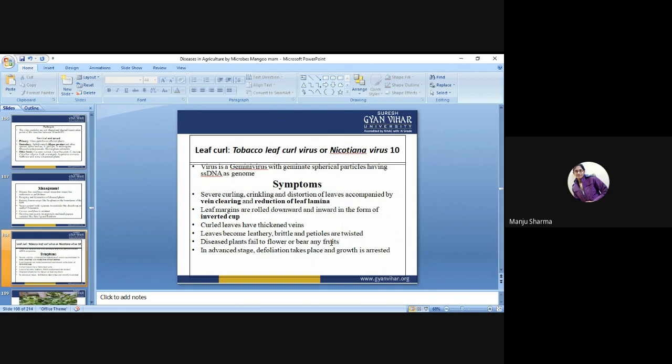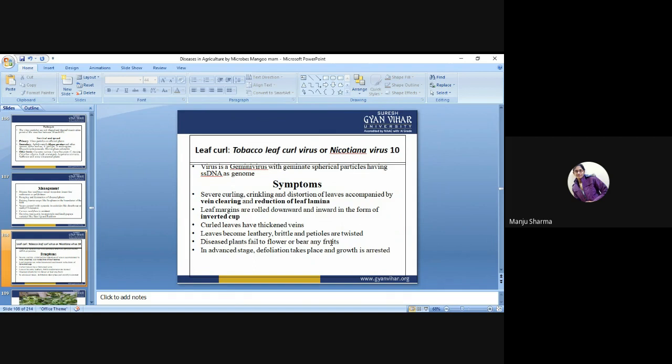The symptoms are severe curling, crinkling, and distortion of leaves, accompanied by vein clearing and reduction of leaf lamina. Leaf margins are rolled downward and inward in the form of an inverted cup.